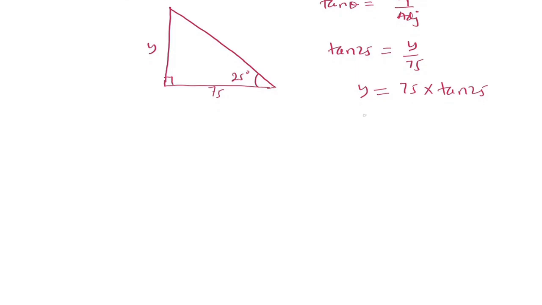Then this becomes y equals to 75 times 0.4663, of which, solving this, we are having 34.94. Okay, so we've been told from the question to write this to the nearest meters. So we are going to approximate this as 35 meters. And this is going to be our answer.